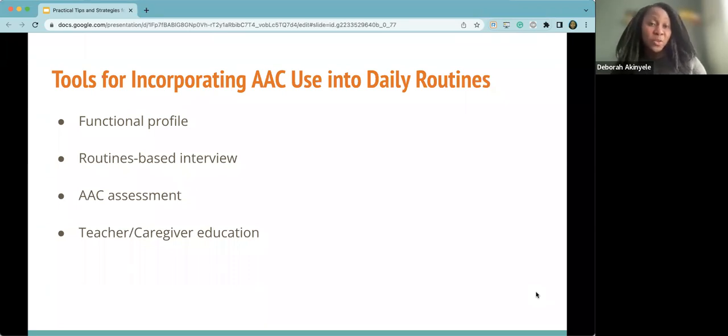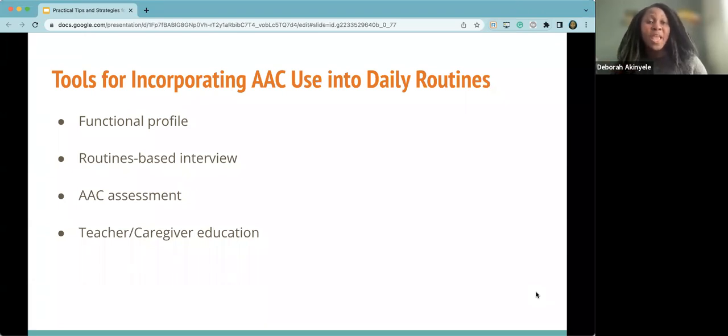When we talk about a routines-based interview, that's really getting to the heart of how the day flows for each child and for each family, and what instances exist where maybe communication is hard.